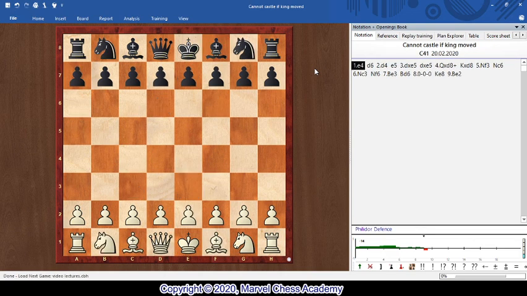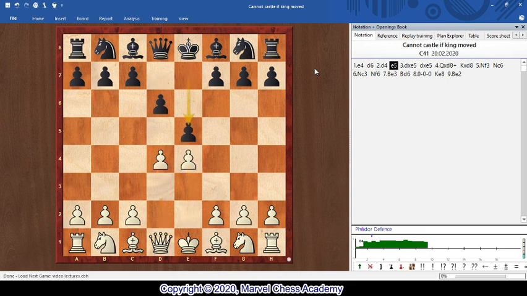Let's see another example wherein if your king or rook has initially moved from their starting position, you are not allowed to castle. Okay, let's see this example. In this example, you see that the black queen got traded with the white queen and the black king captured the white queen.